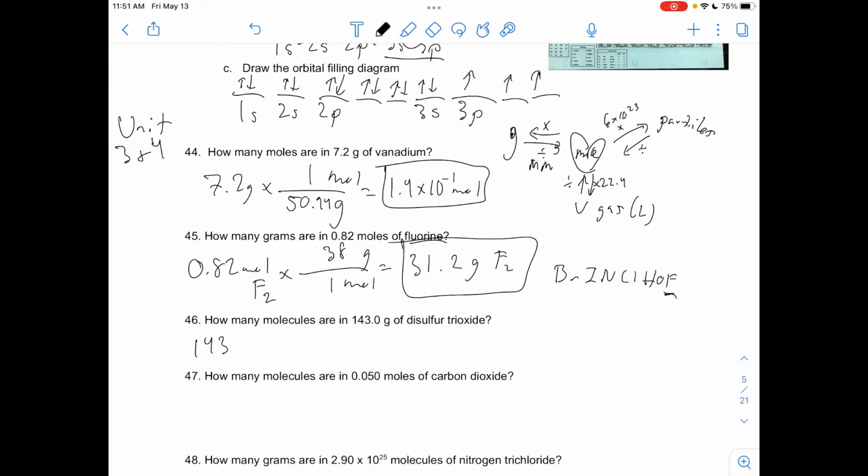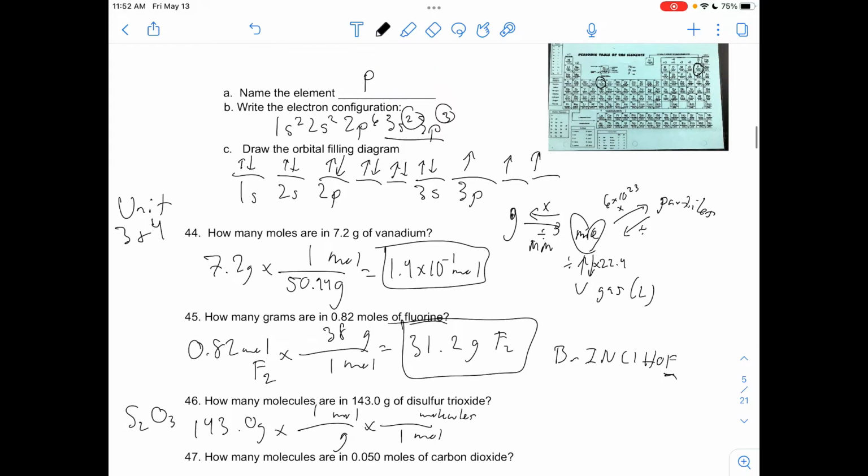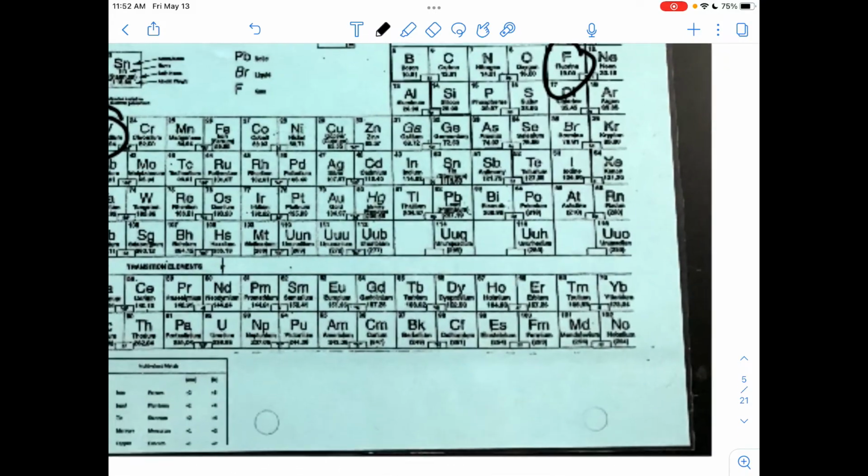Okay, molecules, so 143.0 grams. I want to get grams into moles, and then moles into molecules, which is not the same thing. Okay, the moles are 1. And it's disulfur trioxide, so S2O3. So I've got to find the molar mass of S2O3.